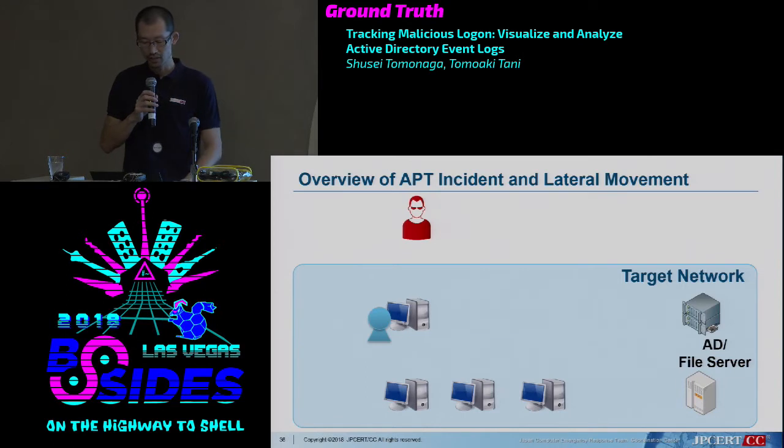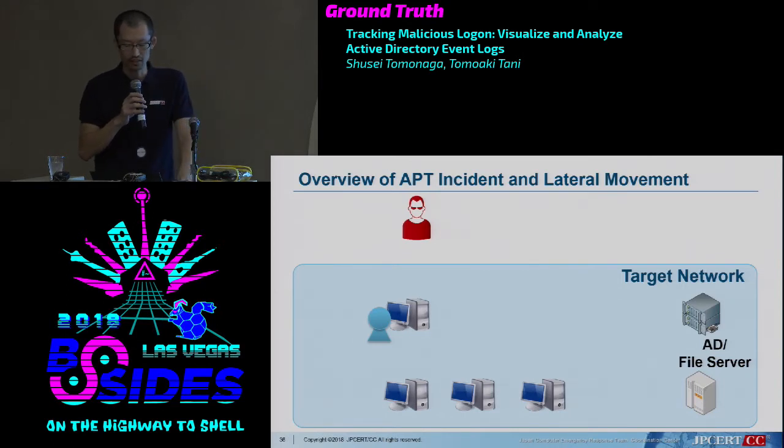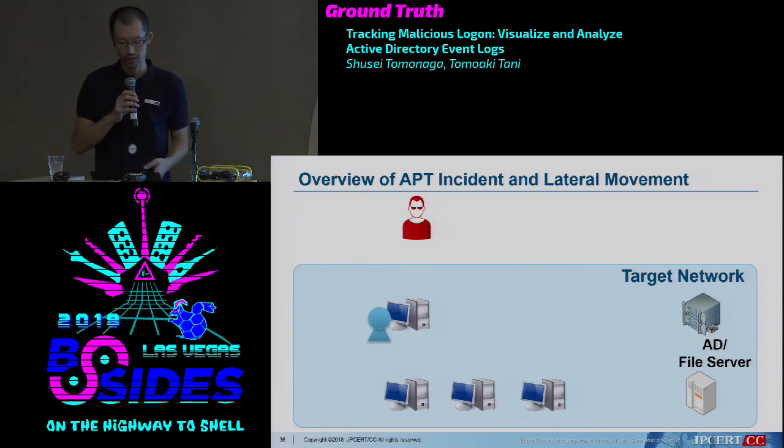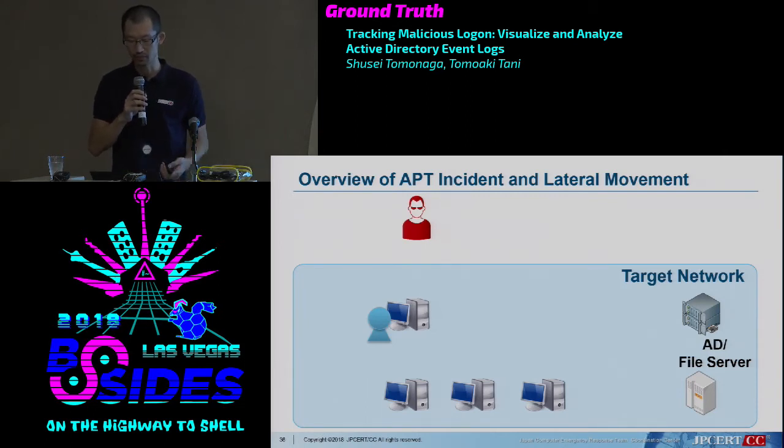In order to create an automatic detection method, it is necessary to understand more about lateral movement. Through our experience in many cases of incident response, we found that attackers normally conducted lateral movement in the following steps. This slide introduces the flow of an APT incident.